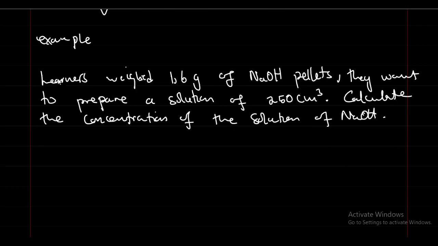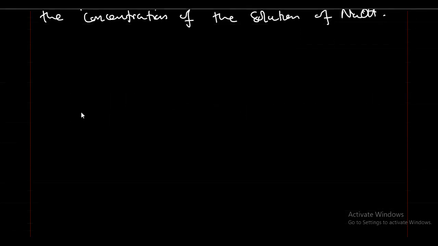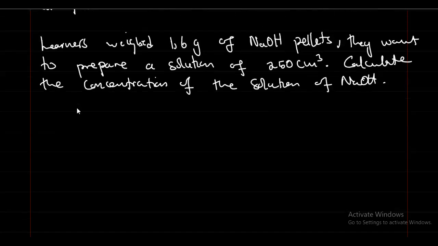Okay, so now let's start with this one, right? So what do we know? We need to know how to calculate number of moles, isn't it? Number of moles is given mass over molar mass, right? Given mass, we are given that our mass is 1.6 grams.